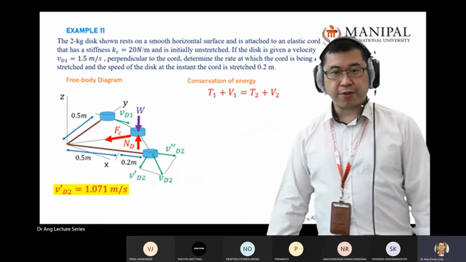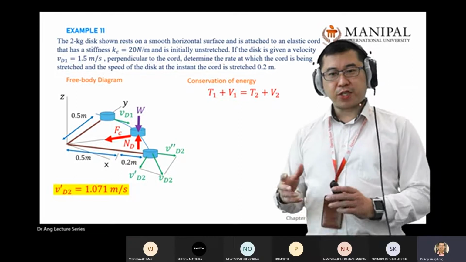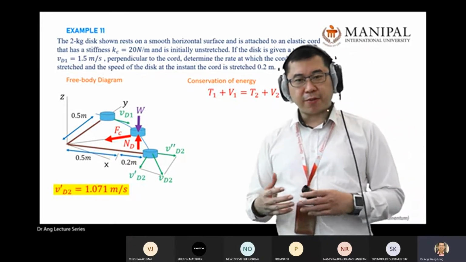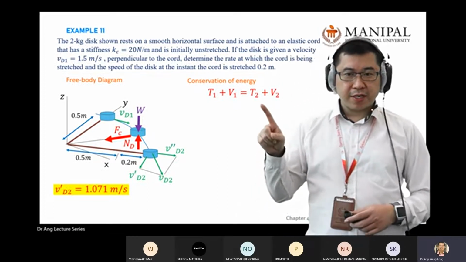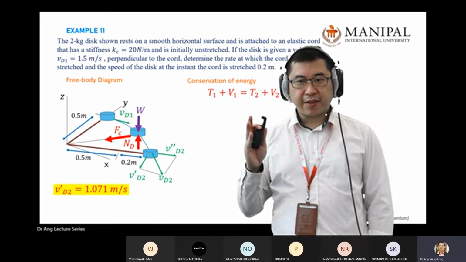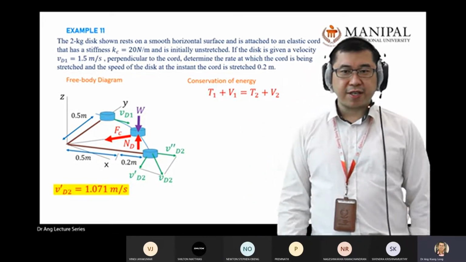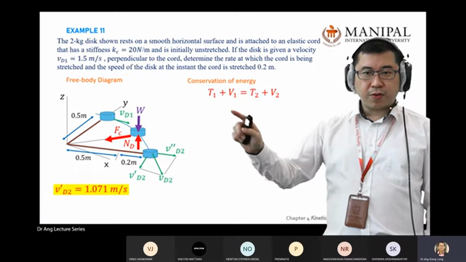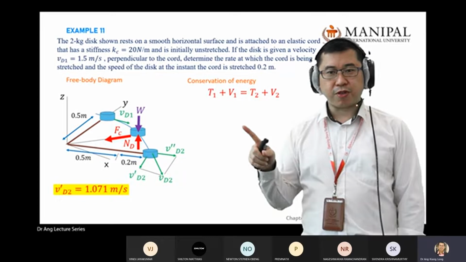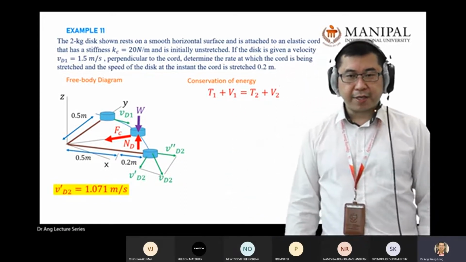Anytime you see a spring, and you see an object moving from one location to another, conservation of energy will be very useful in calculating velocity, height, distance, and so on. So energy before equals energy after. You cannot destroy energy, but energy can change form.